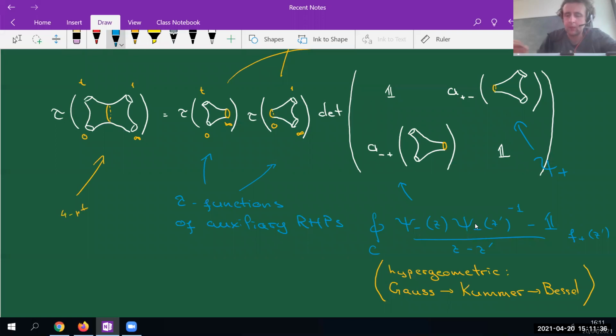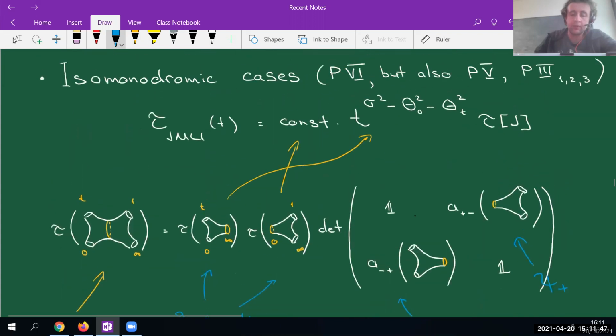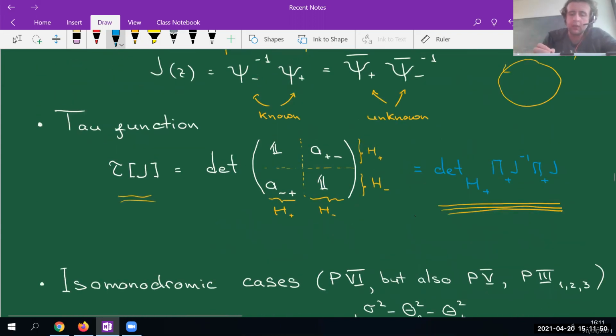Likewise, you can obtain a similar formula for this operator. Now, if your problem is not isomonodromic, it may well turn out that it is this factorization that you have, and it is this factorization that you want or you don't want. You can write an equivalent formula in terms of psi bars if you want. So any of the two factorizations is fine if you want to find tau.